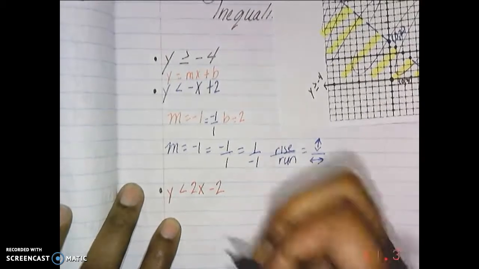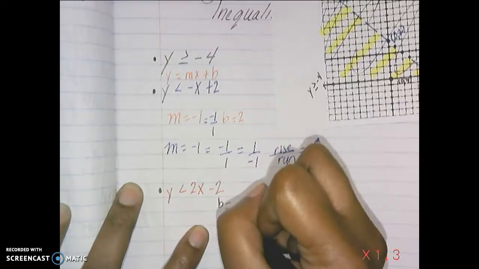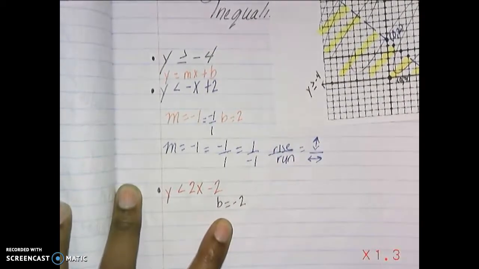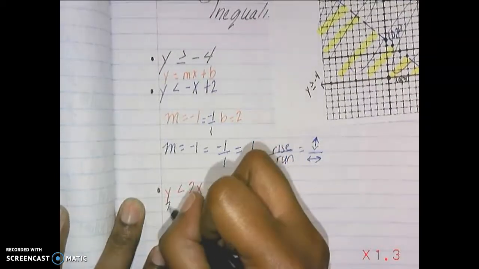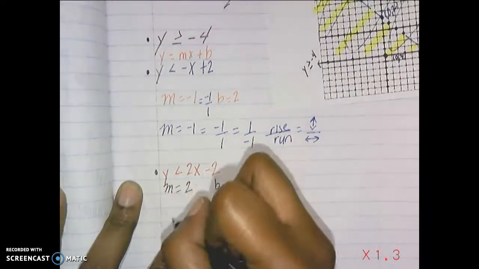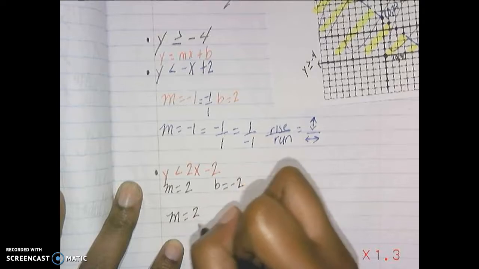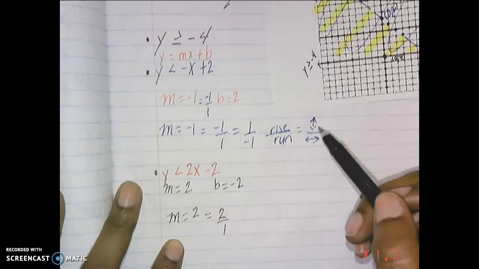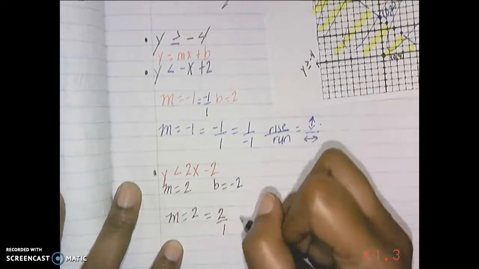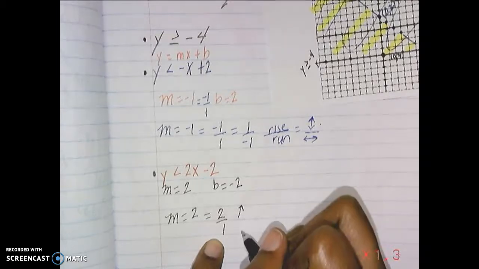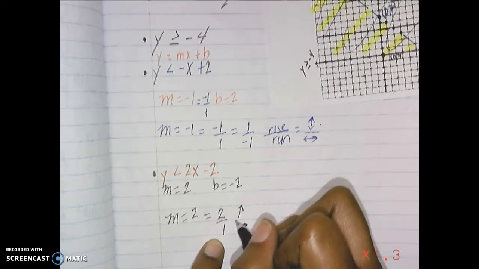So what happens here, our beginning, our y-intercept is a negative 2, and our slope is a positive 2. But don't forget that positive 2 can be rewritten as 2 over 1. And we would apply that same rise over run. So we got a positive 2, that means we're going up 2. And we got a positive 1, that means we're going to go to the right one.